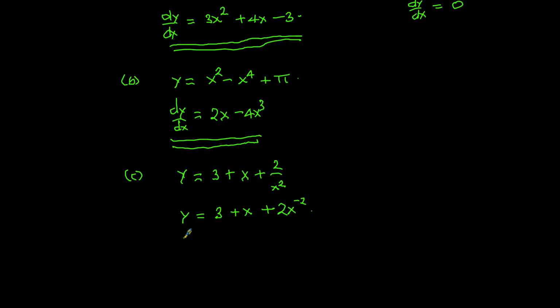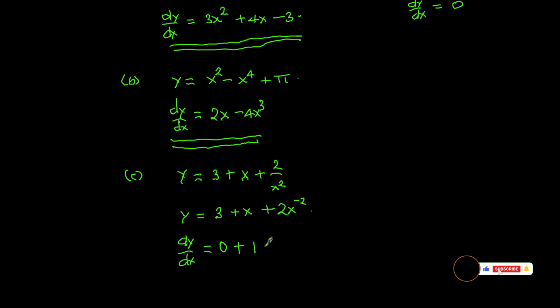So we can now go ahead and get the derivative of this function, dy by dx, and since 3 is a constant, it will be 0. And then here it will be 1, because when we multiply the power by this, we shall have 1, and then 1 minus 1 is going to be 0, so anything to the power 0 is going to be 1. So 1 times the 1 we have multiplied with is going to be just 1.